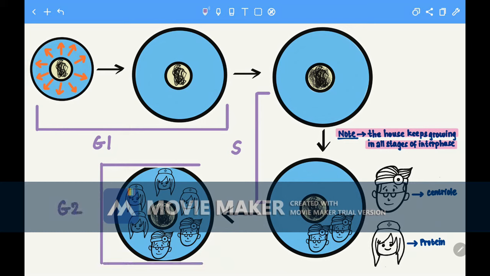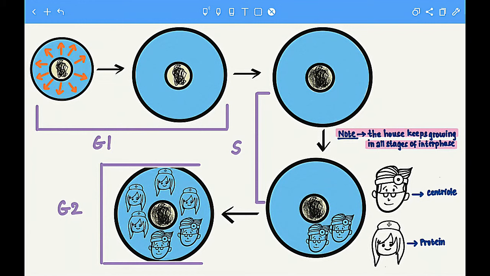This is the G2 phase. This story helps us remember the metabolic activity that occurs in the cell during the G1, S and G2 phases. All you have to do is remember the story, and it will be really good if you can remember everything that's on this slide pictorially. That will do the work.